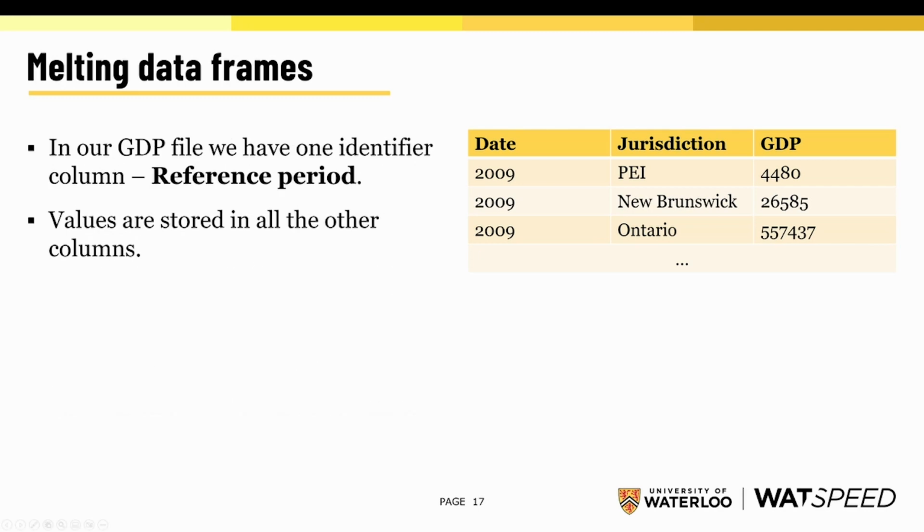In our case, we have one identifier column, our reference period, and our values are stored in all of the other columns. So we will need to provide the melt function with two values, the ID variable names and the value variable names.